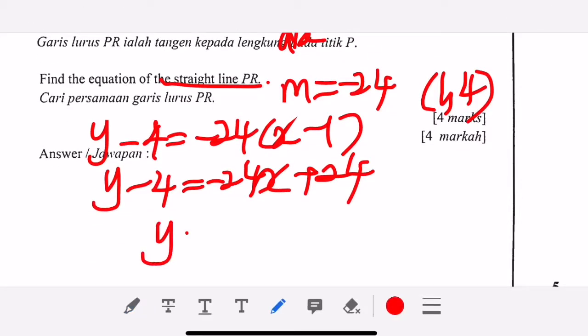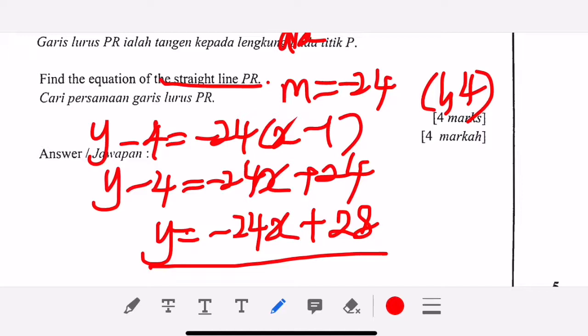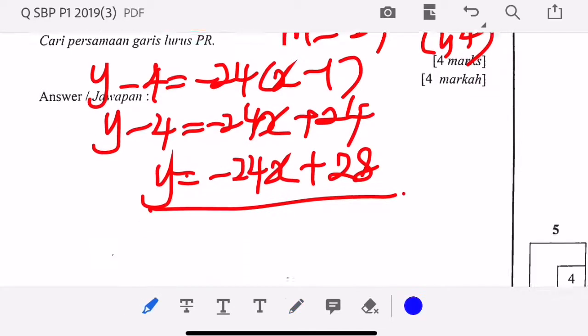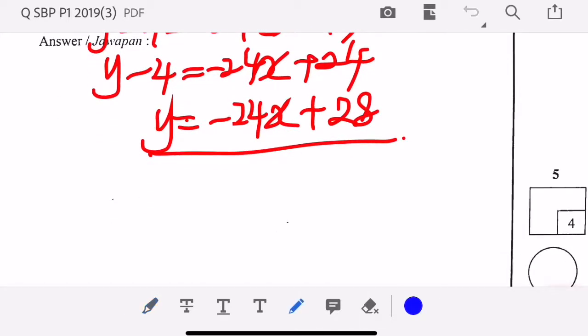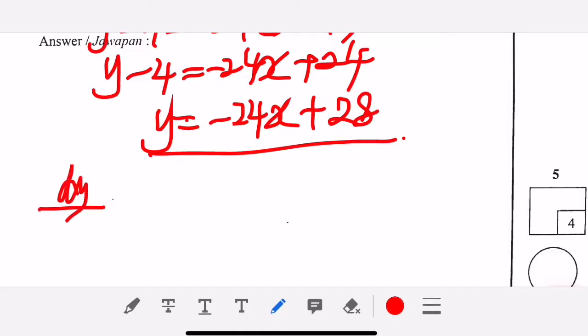For me, I prefer this method because I don't have to rewrite the equation again after finding c, so I will have the answer very fast. So y = -24x + 28, all right?